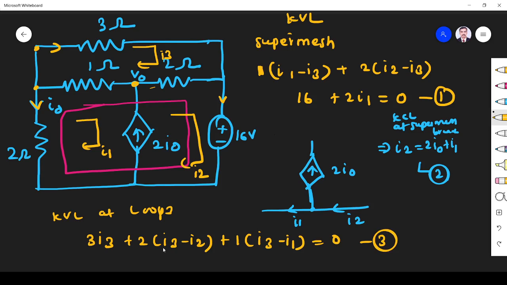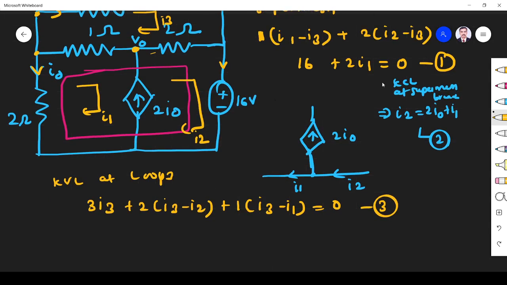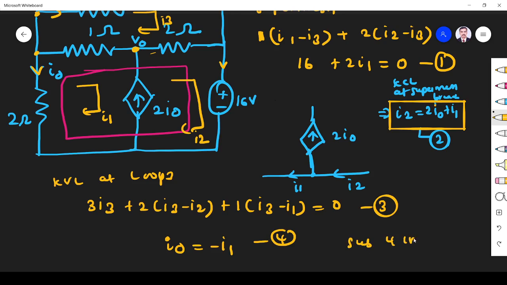So we have 4 variables, I1, I2, I3 plus I0. So we have to see what is I0, because this is one more equation with the variable I0. From this diagram we can see I0 is opposite to I1, so I0 is minus I1. Now we have 4 variables, 4 equations. Substitute the I0 value and we get 3 equations.